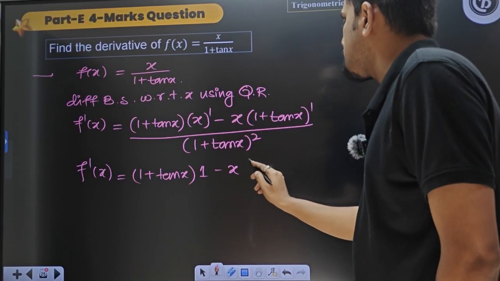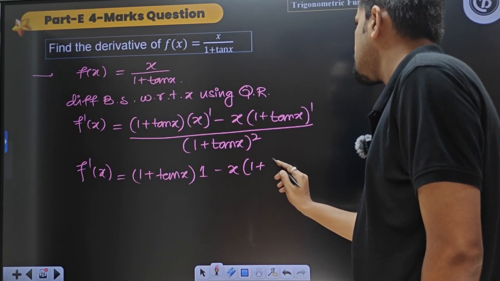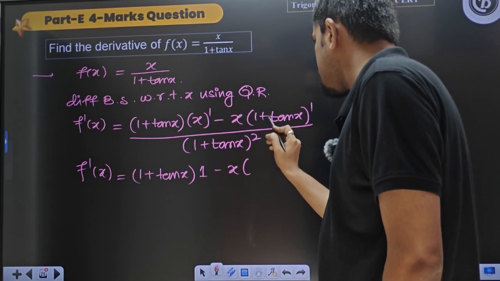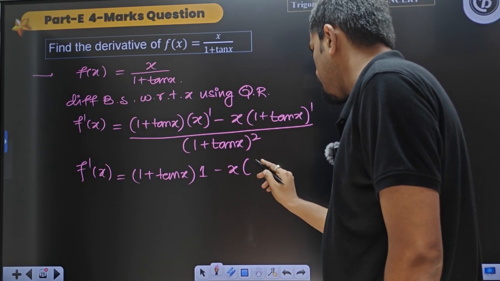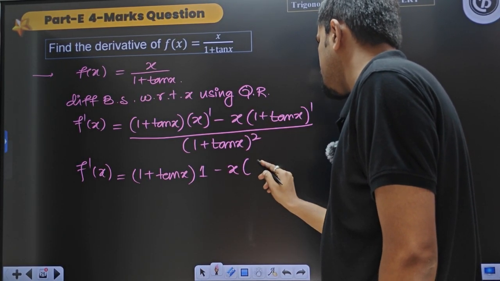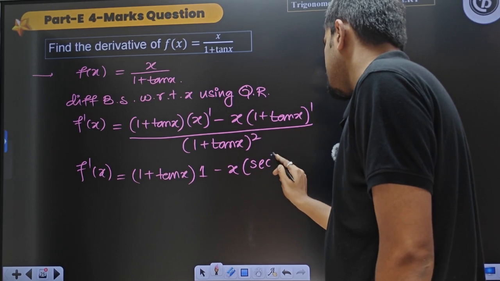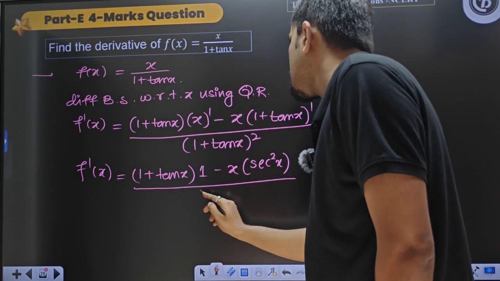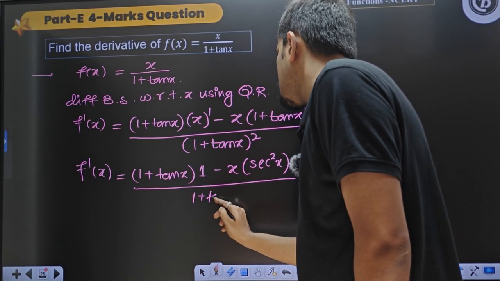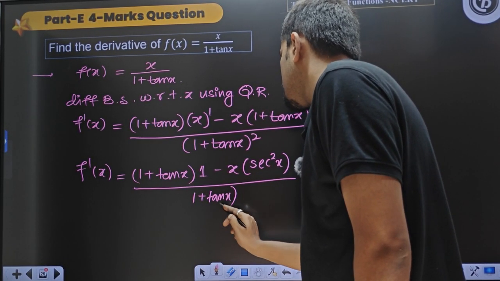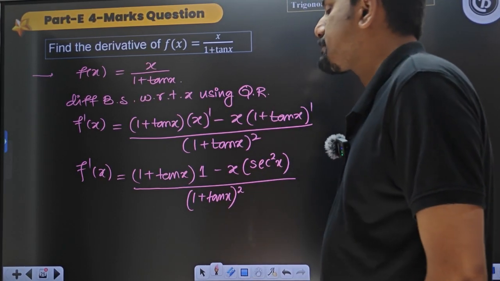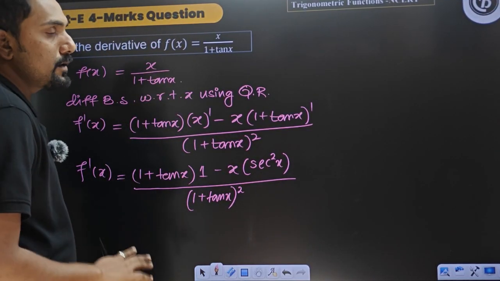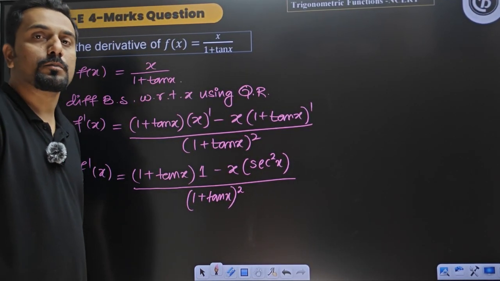Derivative of 1 plus tan x will be 1 plus, derivative of 1 is 0 and derivative of tan x is secant square x, divided by 1 plus tan x whole square. Okay, if you write this much, then you will get 4 out of 4 marks.